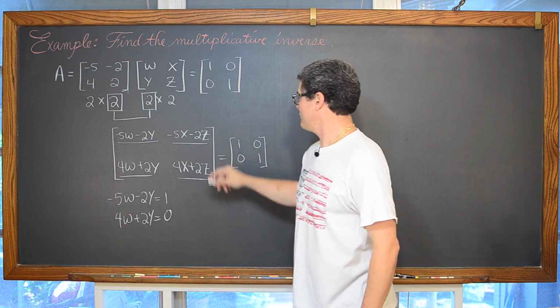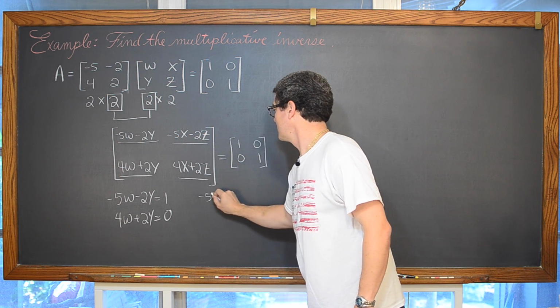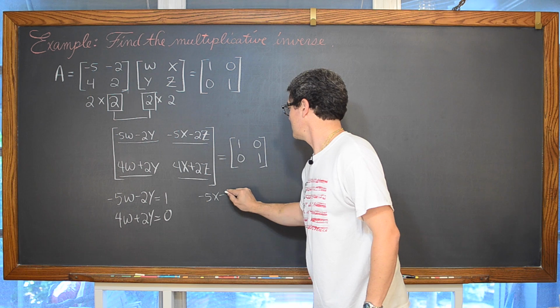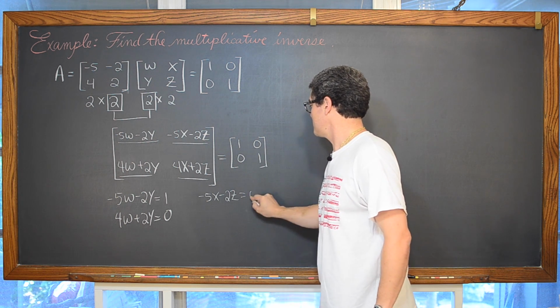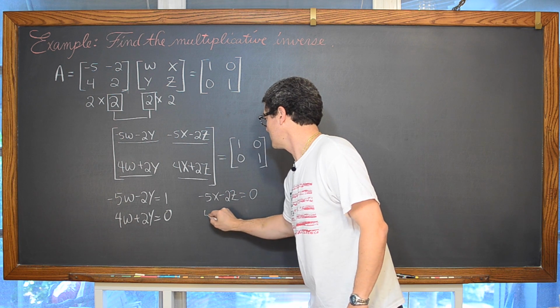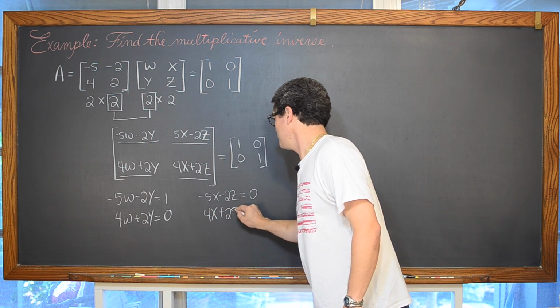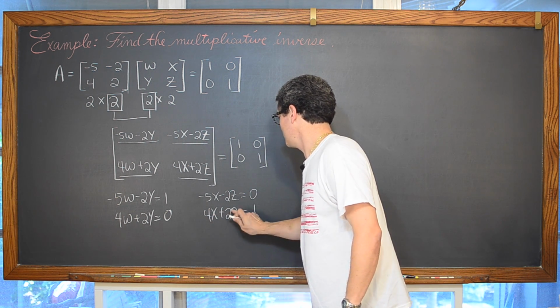Negative 5x minus 2z has to equal 0, and 4x plus 2z has to equal 1.